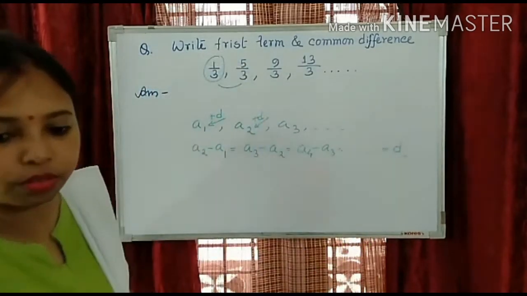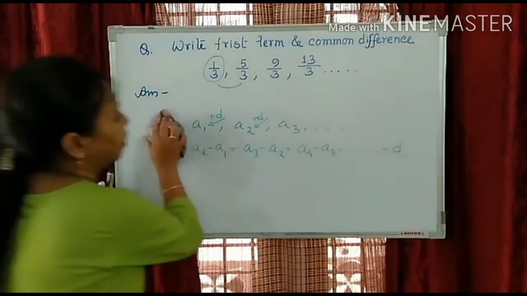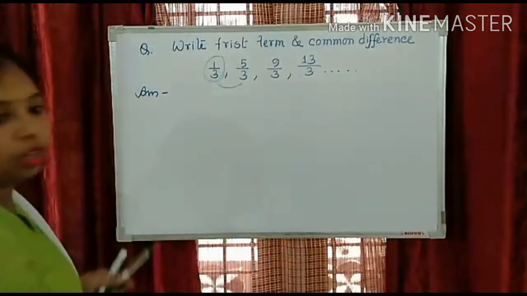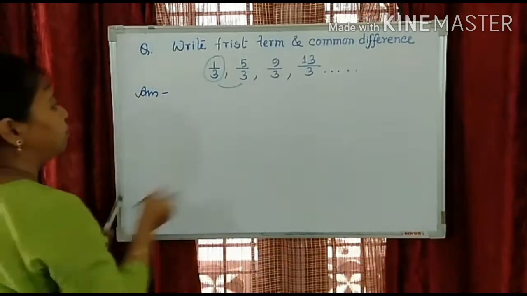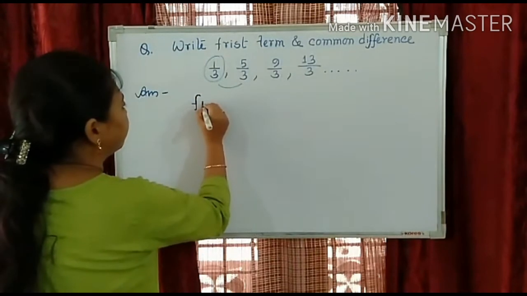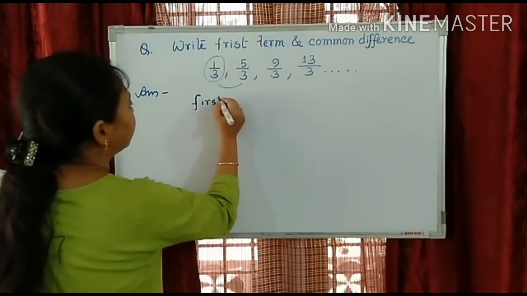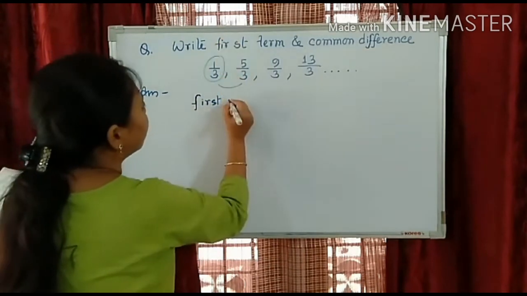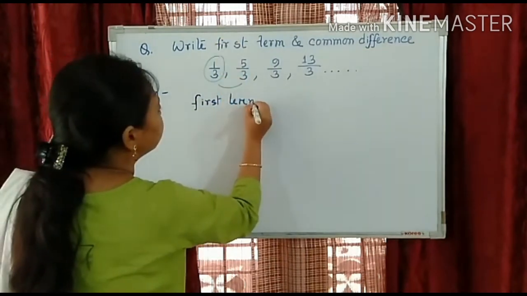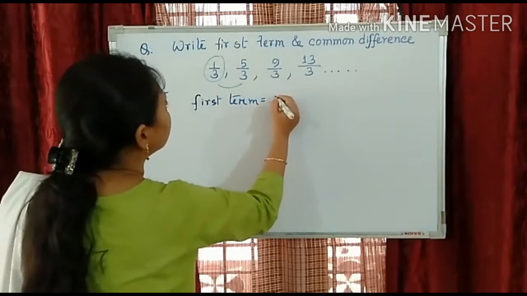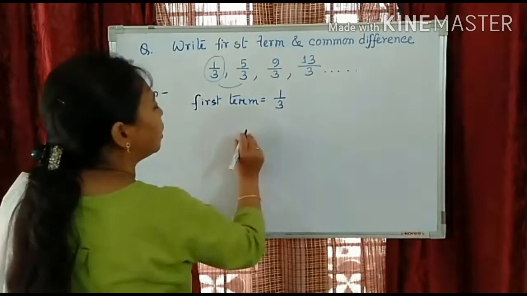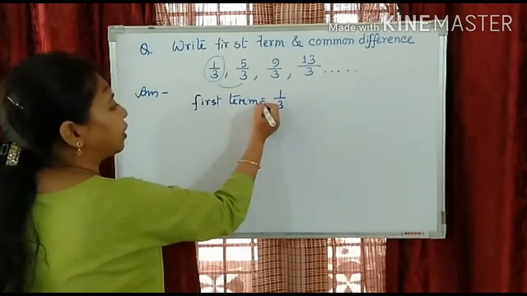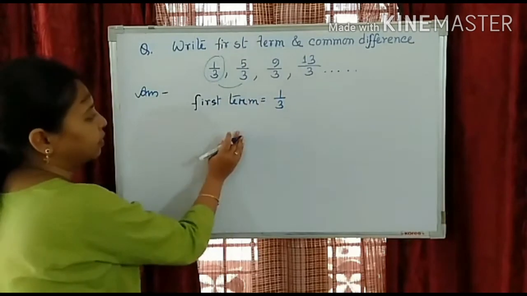So now, what you will get? First term is equal to 1 by 3. You can write it in brackets, or you can write small a here.